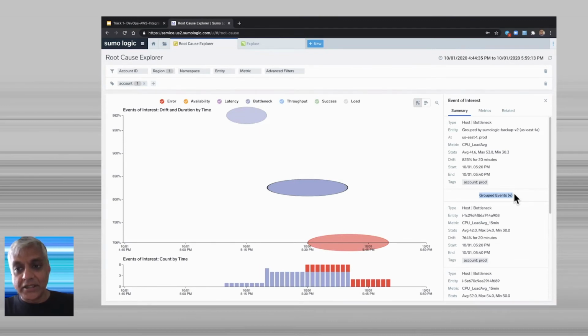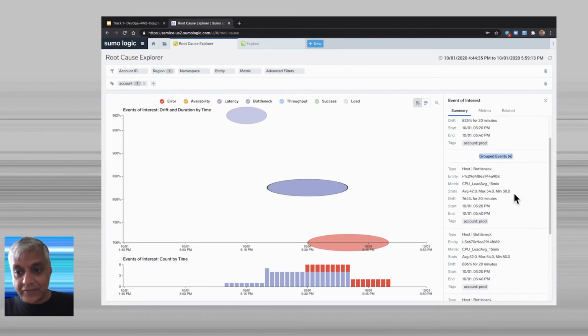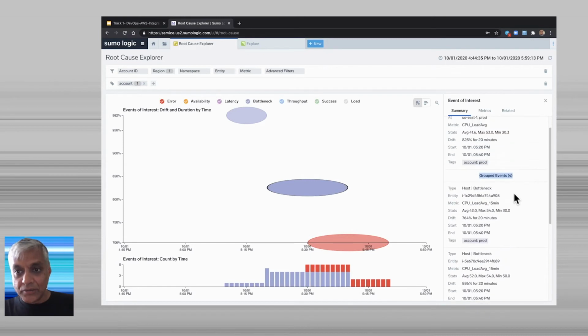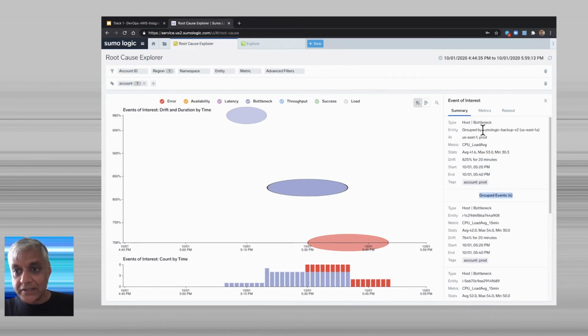In this particular example, 4 EC2 instances belonging to this particular load balancer group were behaving anomalously with respect to the CPU load on them. So rather than showing you 4 different bubbles on the scatter plot, Root Cause Explorer aggregates them together and puts them as one single event of interest with 4 grouped events that you can look at.